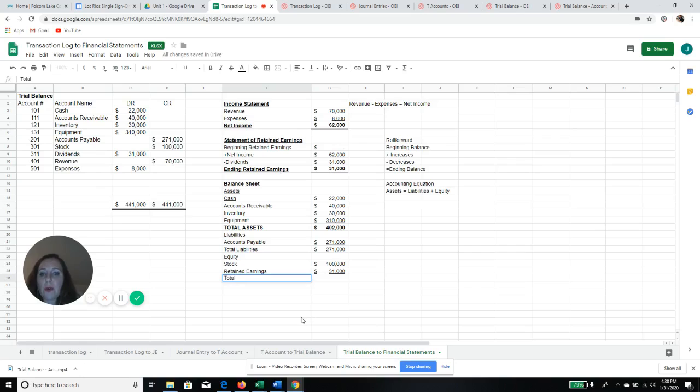So then our total equity is going to be, we'll add these two up, $131,000. Okay, now comes the big check. Total liabilities plus equity.